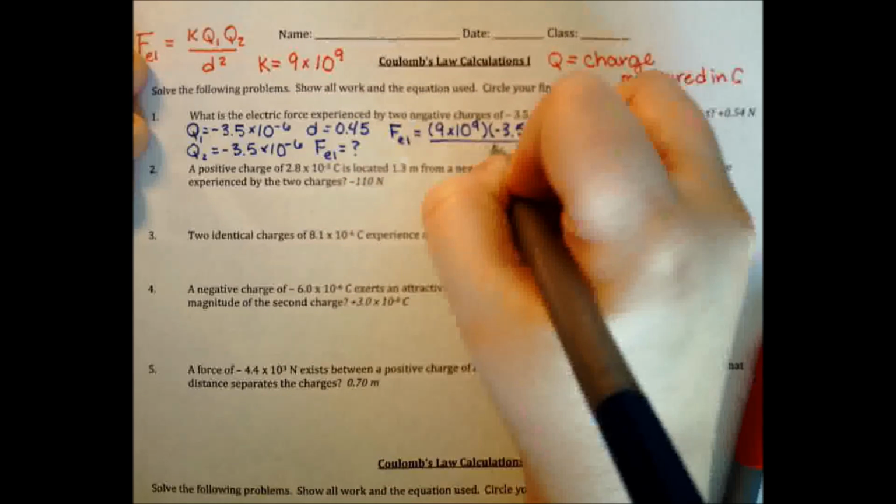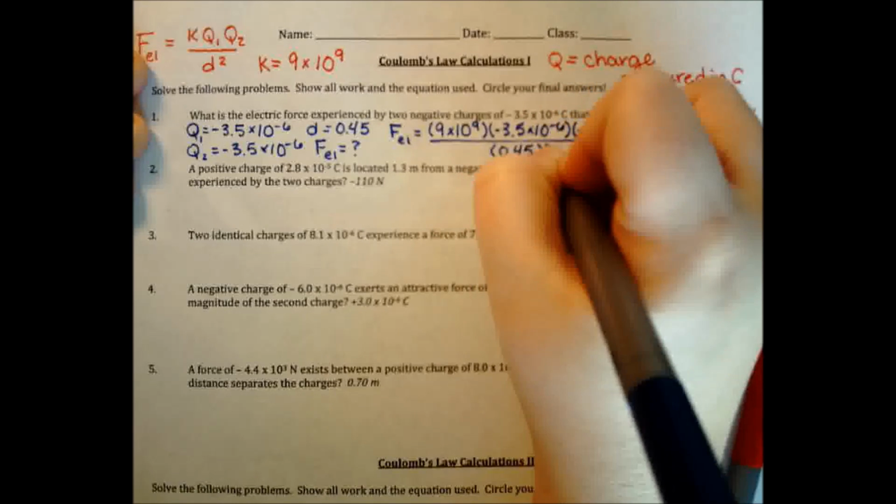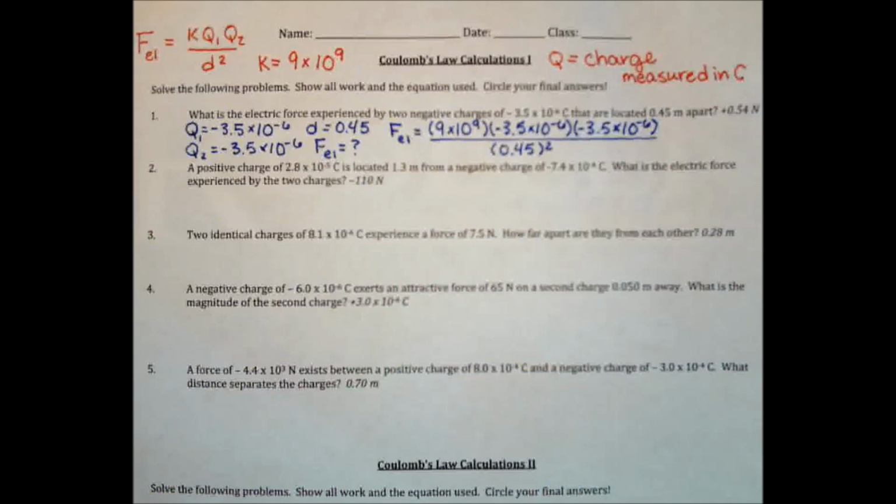All that is over 0.45 squared. So if you plug this whole top line into your calculator, please make sure you are careful with parentheses and with entering your exponents here, because especially on some of these further down where we have to divide by exponents, that is where calculators get so angry.